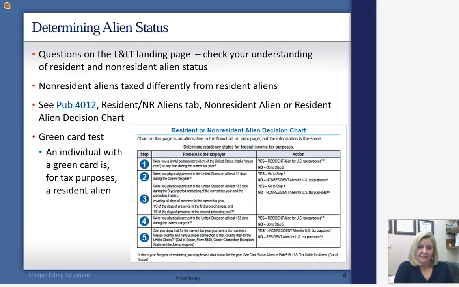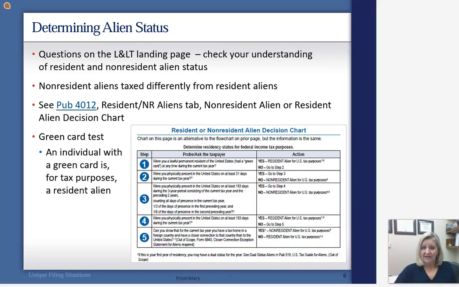If they are considered to be a non-resident, that doesn't necessarily mean that they don't file taxes as a resident. Their immigration status is not necessarily the same as their tax filing status. There are two separate sets of rules. We need to know their immigration status if they're here on a visa, but that doesn't necessarily dictate what their filing status is for taxes.